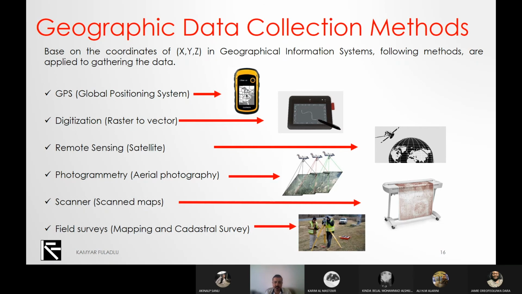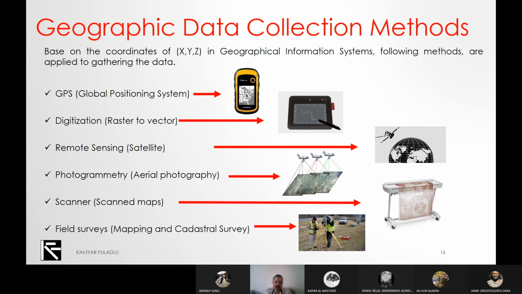We have photogrammetry. Photogrammetry is a more typical one with the use of a UAV or drone. They start to capture the earth.